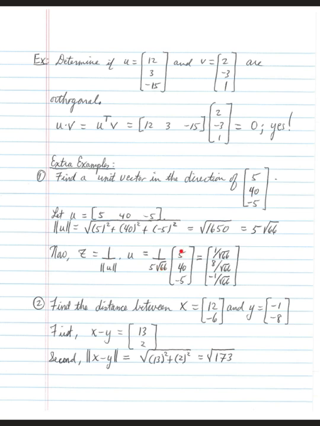If we multiply 5 times this fraction, the 5's cancel, and that leaves 1 over square root of 66. 40 over 5 square root of 66 is 8 over square root of 66. And then finally, negative 5 times 1 over 5 square root of 66: the 5's cancel, leaving negative 1 over square root of 66.